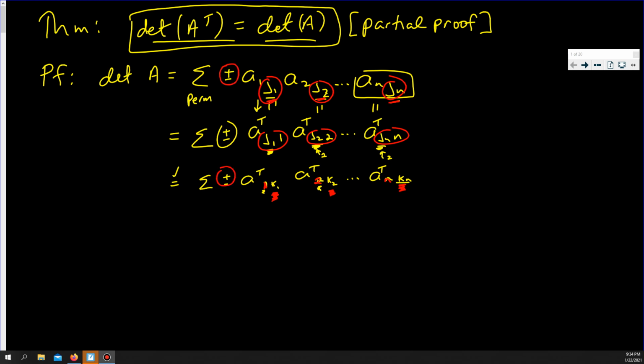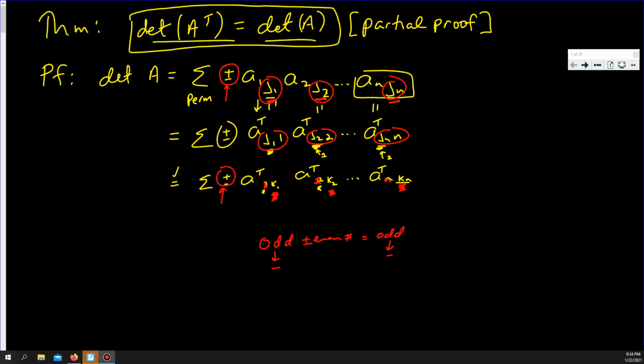And if they're not the same number of inversions, they differ by an even number. Now, if you have an odd number of inversions, that means we're going to use the minus. If you add or subtract some even number, it's still going to be odd, which will mean negative.